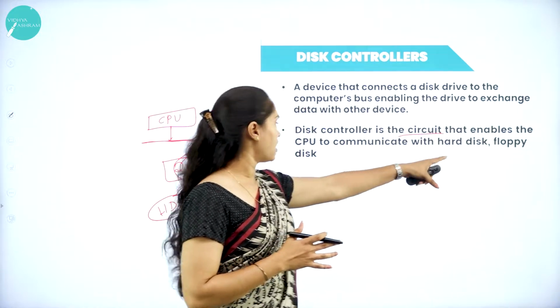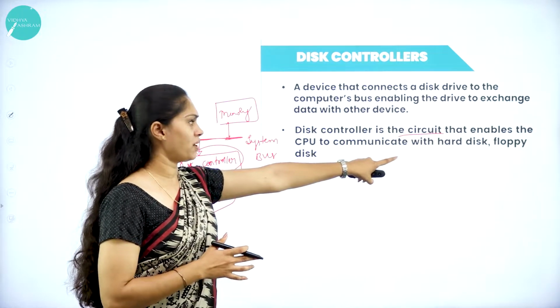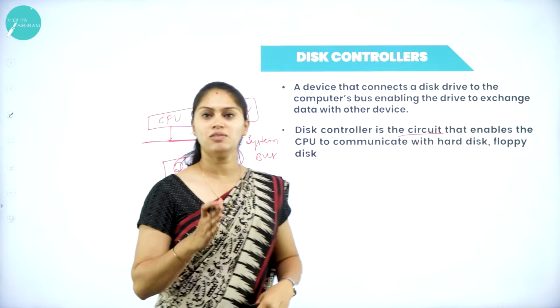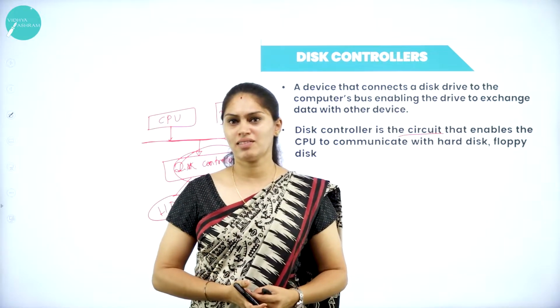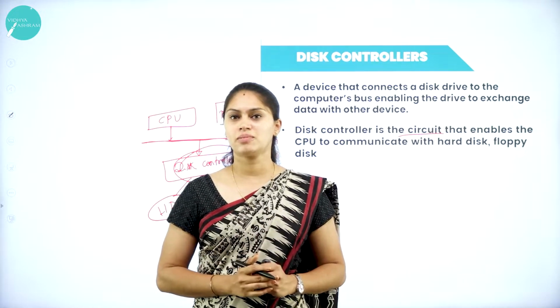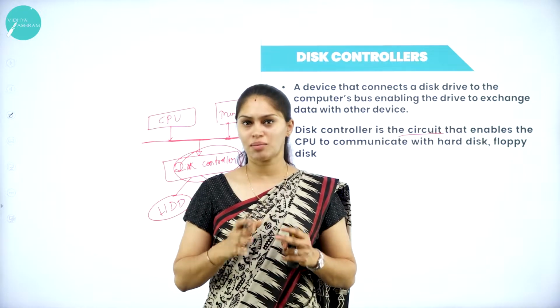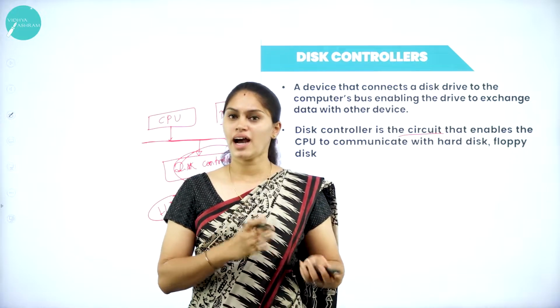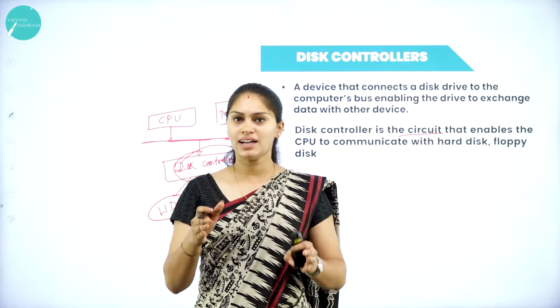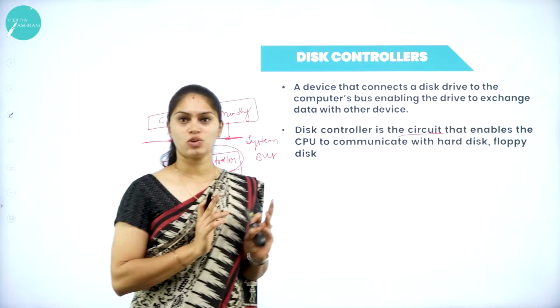It is a circuit that enables the CPU to communicate with hard disk and floppy disk. Hard disk and floppy disk are secondary storage devices where I can store my data and instructions permanently. But if I want to communicate with a hard disk or floppy disk, then there must be some interface. That interface is nothing but the disk controller.